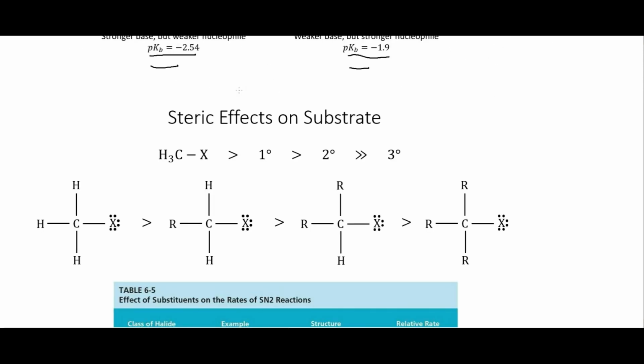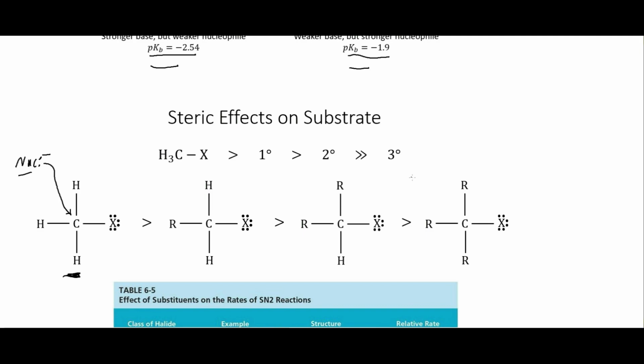We can also look at the steric effects on the substrate, and it's very much the same as with the nucleophile, where if we have only these smaller groups here, there's going to be less steric hindrance. So if we have our nucleophile here, and just these H groups, it's not going to block the nucleophile from getting in there.